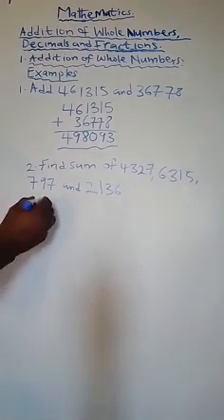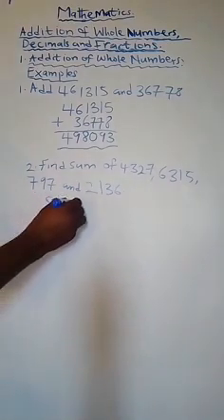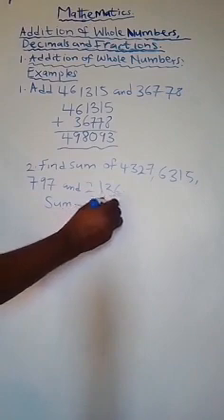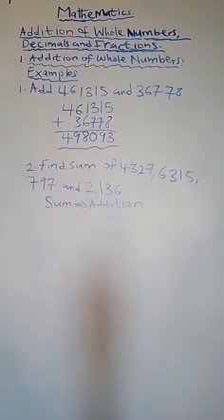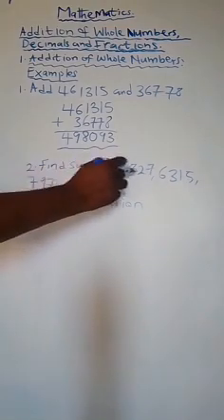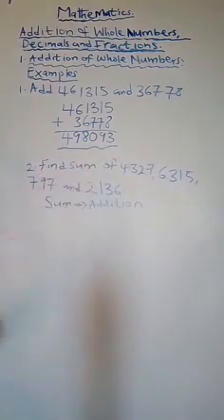In mathematics, sum means addition. Don't be scared when you hear the word sum. It is just the same thing as addition. So what the question is asking us to do is to add all these numbers together.